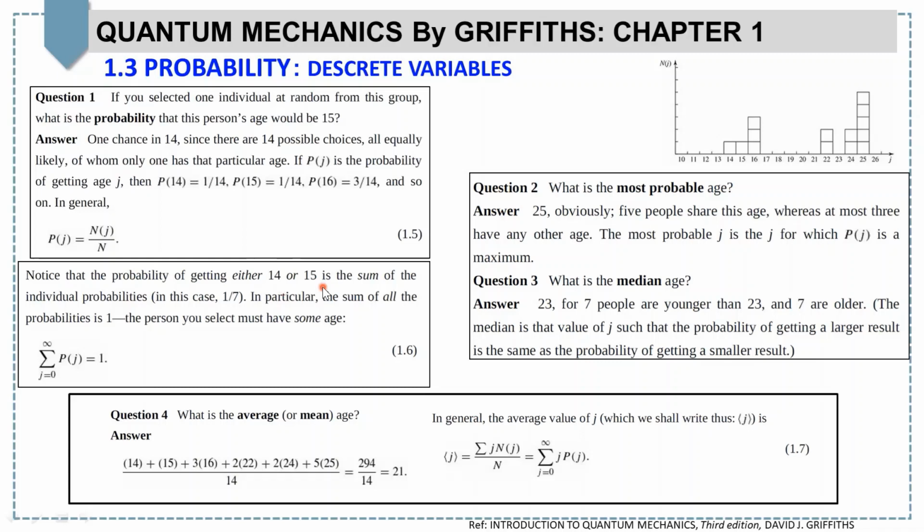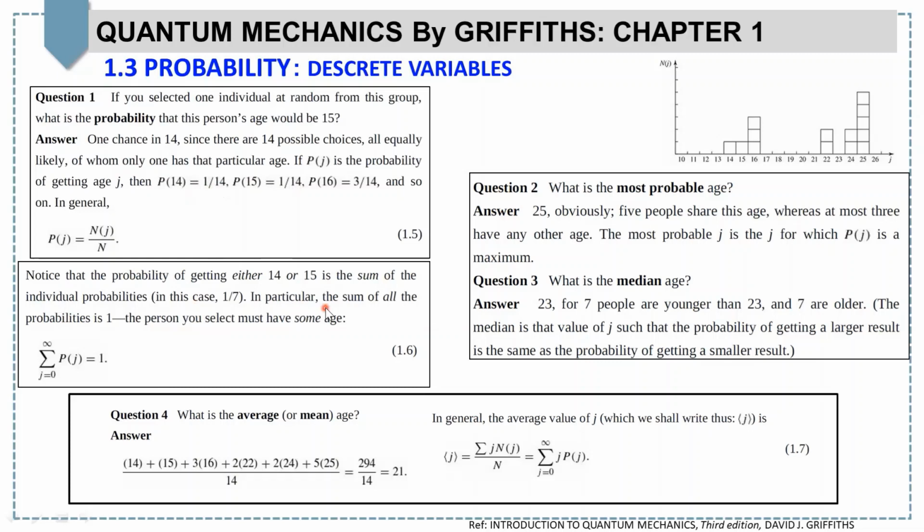So we simply sum up the individual probabilities of 14 and 15. The individual probability of 14 equals 1 over 14 and that of 15 equals 1 over 14. So we sum 1 over 14 plus 1 over 14 and get 1 over 7. So the probability of getting either 14 or 15 is the sum of the individual probabilities.